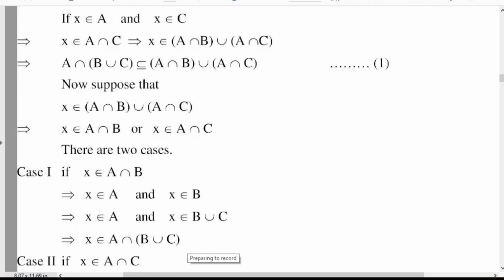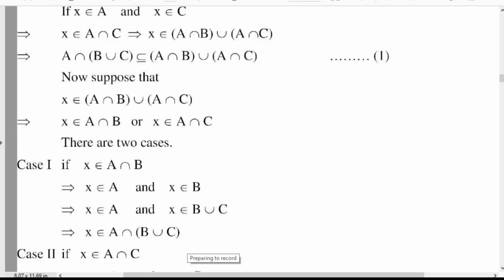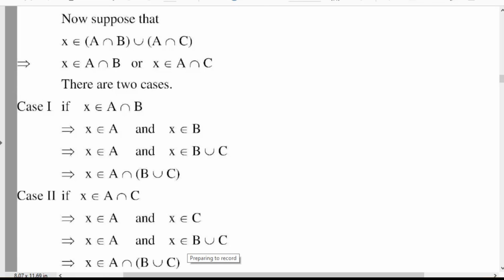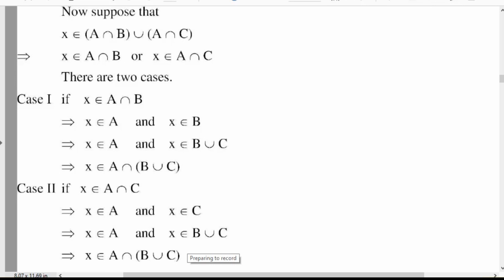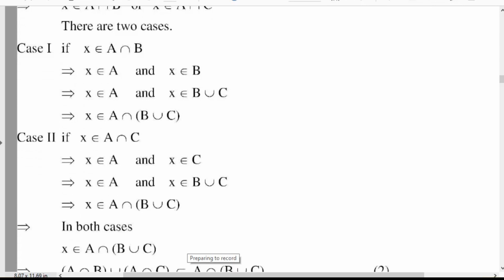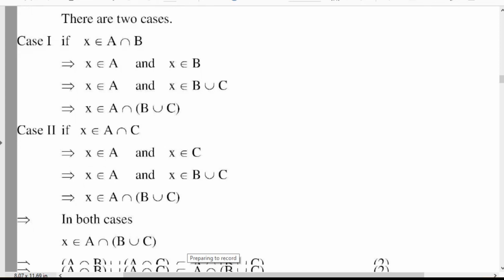Case number 2, if x belongs to A ∩ C, so x belongs to A and x belongs to C, implies that x belongs to A and x belongs to B ∪ C. So x belongs to A ∩ (B ∪ C). In both cases, x belongs to A ∩ (B ∪ C).